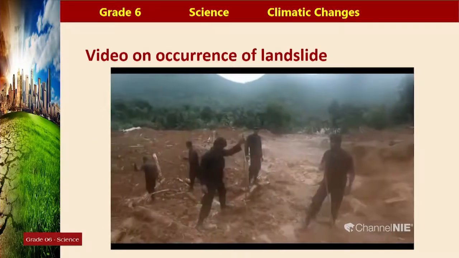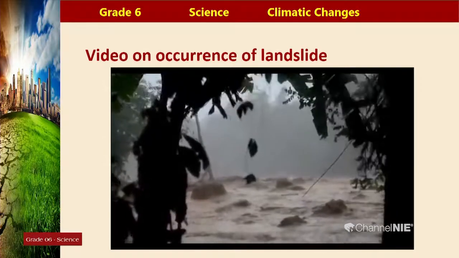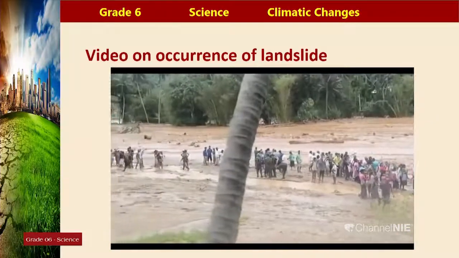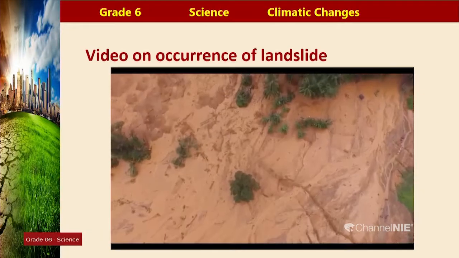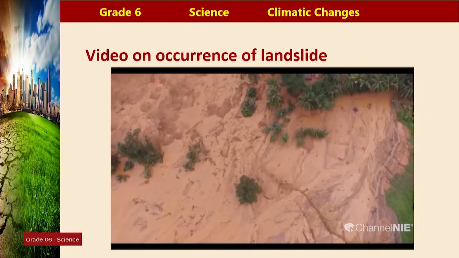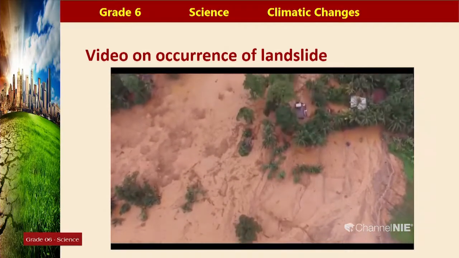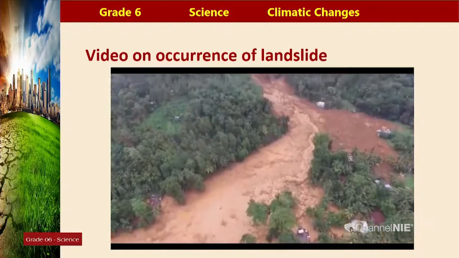It can't save the lives because whenever they take the human up, they are already buried under the soil and they are dead. So, it is a very disastrous event. Main reason is rain. Continuous rain for 3 days, or over 200 millimeters rainfall can cause a landslide.